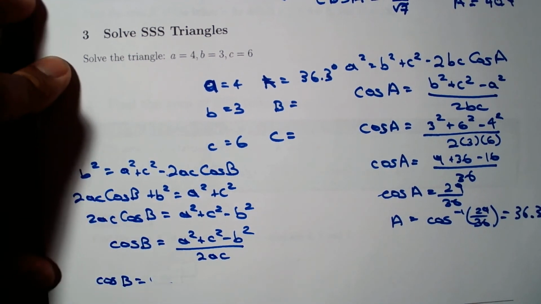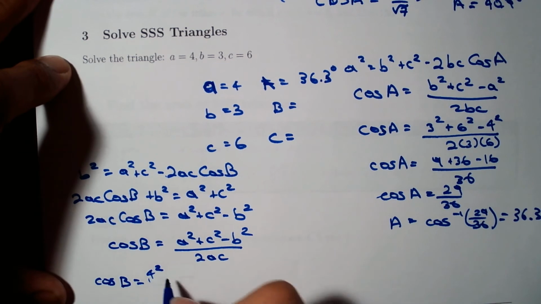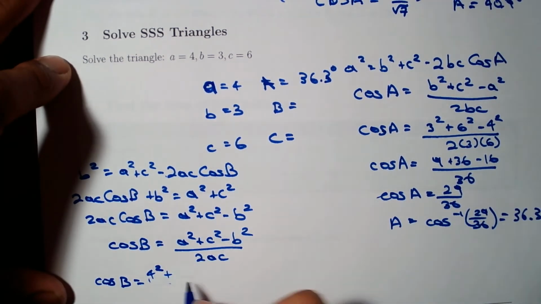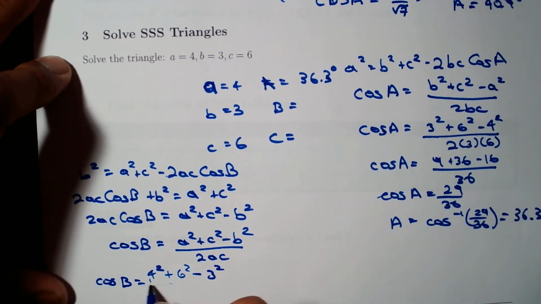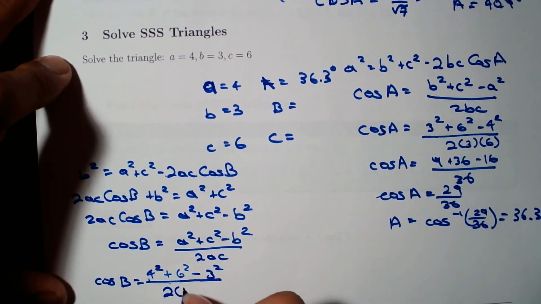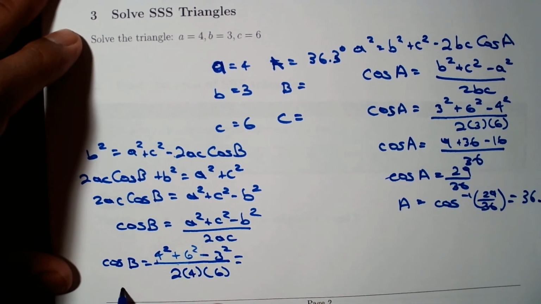Let's put numbers first. So A squared, which is 4 squared, plus C squared, which is 6 squared, minus B squared, which is 3 squared, over 2 times A times C, which is 6, and this is actually going to be cosine B.